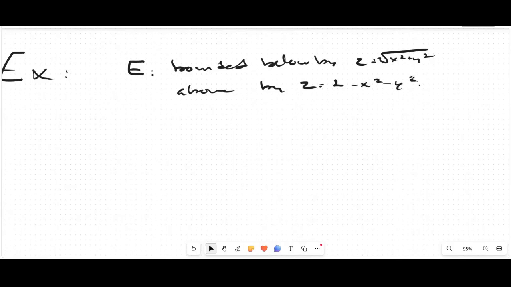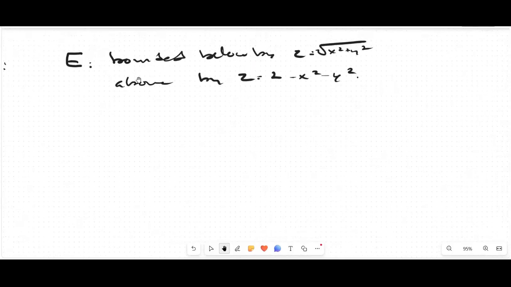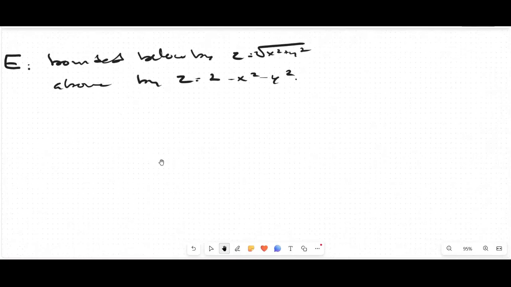And that's all we need because these two actually intersect each other. So that creates a floor and a ceiling, with no walls. It's going to be a round floor and a round ceiling.